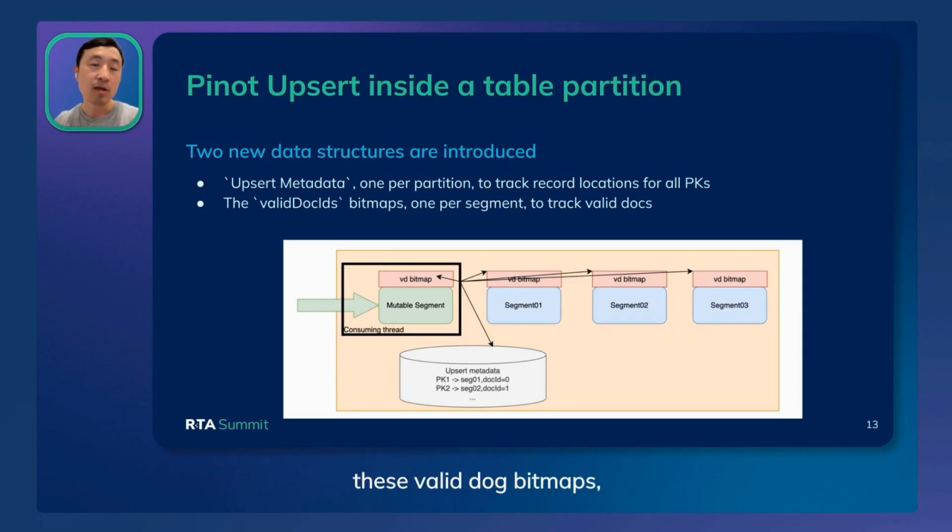And second, we have this valid doc bitmaps, which marks which documents are currently valid in every single segment, and only the valid documents will be processed by the queries. So how are those two data structures going to be used by the data ingestion path and the query path? Let's go into those details in the next few slides.